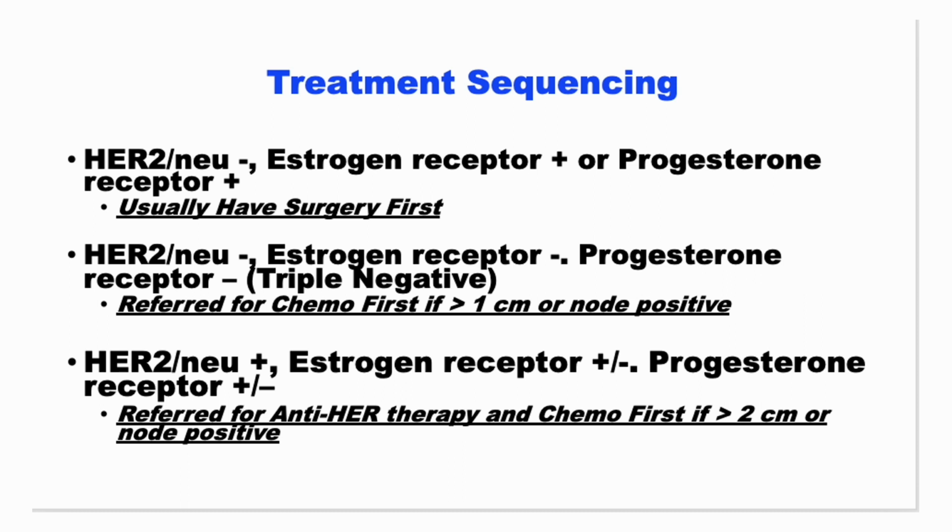On the other hand, for patients with estrogen receptor or progesterone receptor positive but HER2 negative invasive breast cancer, these patients should continue to be managed with surgery first in most instances, unless the clinical scenario or genomic information indicates that the patient should receive upfront chemotherapy or upfront anti-estrogen therapy.